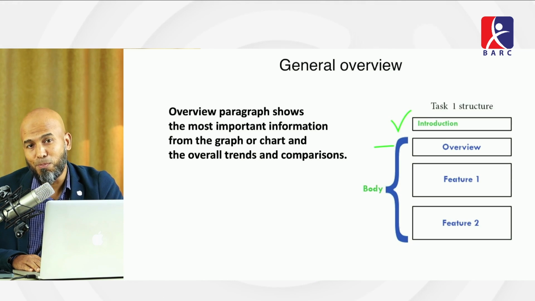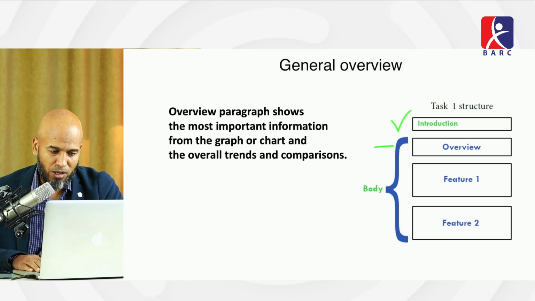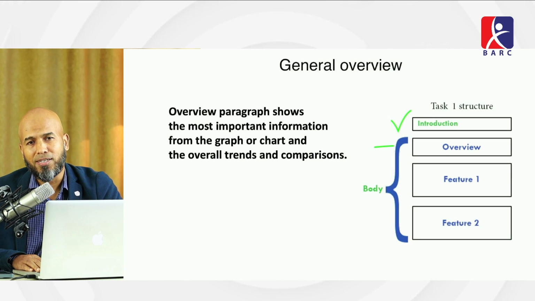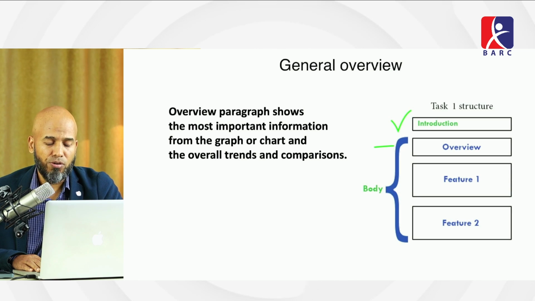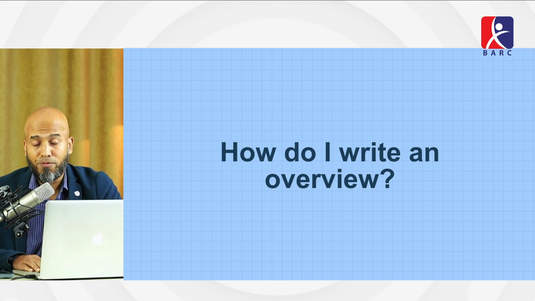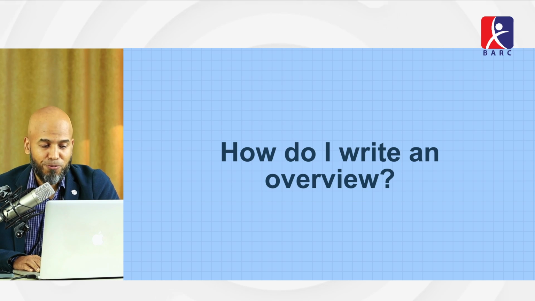Again, it is the most important area. And then you can write body paragraphs 3 and 4 for your feature 1 and feature 2. So now you have a question: how do I write an overview?